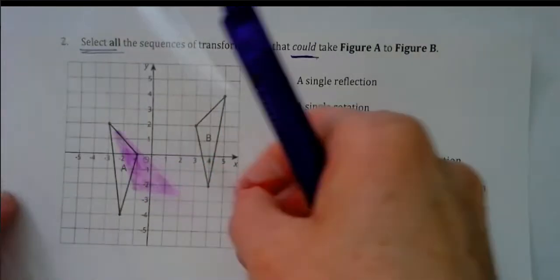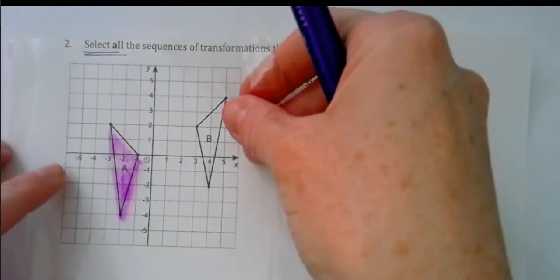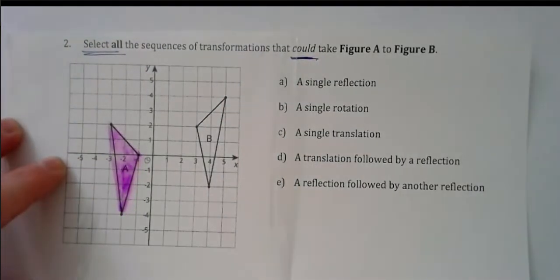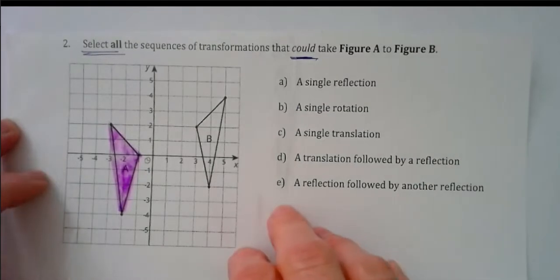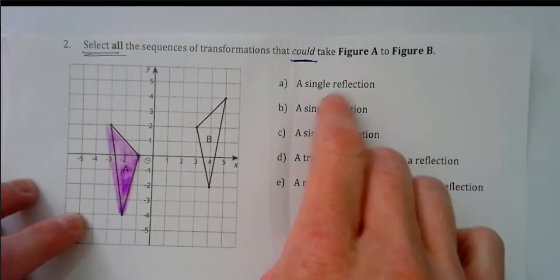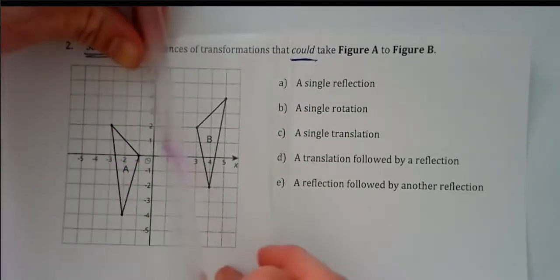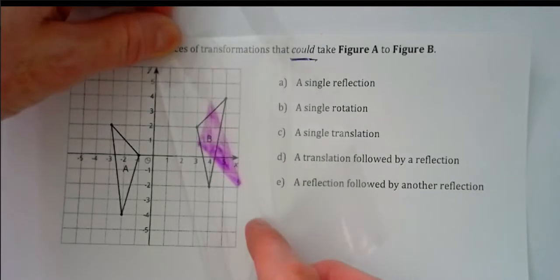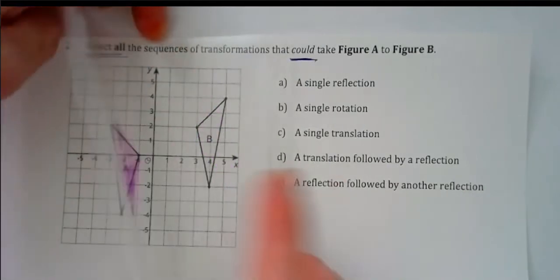So let me get my little piece here. Hopefully, so that you can see this clearly, I'm using plastic instead of tracing paper, so I'm hoping that this works well. But a single reflection would mean that I can only have one reflective movement to match this up. That does not match.